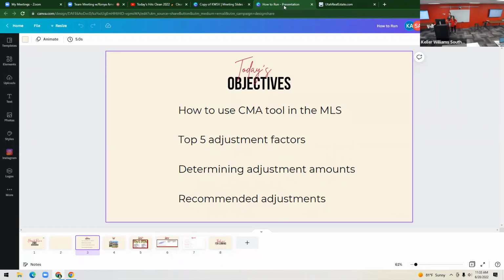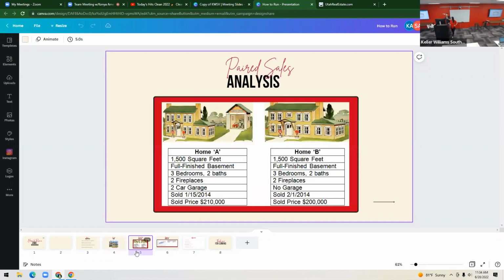Okay, so what values do you put in for the adjustments? I want to talk just a quick little bit about how we determine, at least as an appraiser, how I come up with a dollar amount for bathrooms and square footage and all that kind of stuff. And what it's called is paired sales analysis.